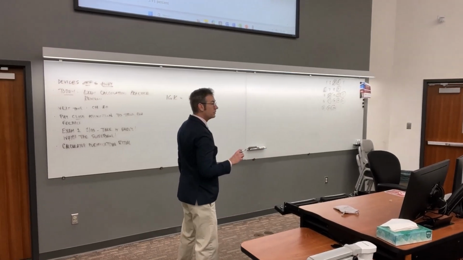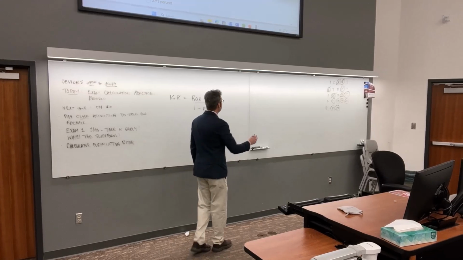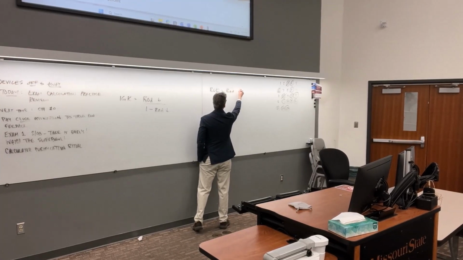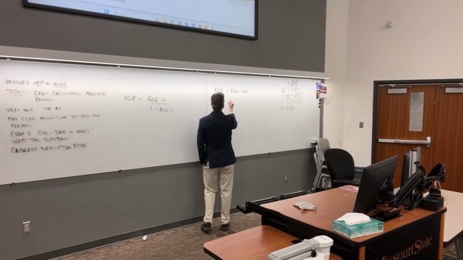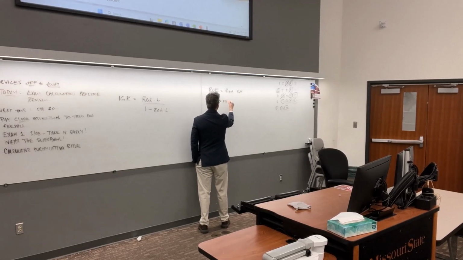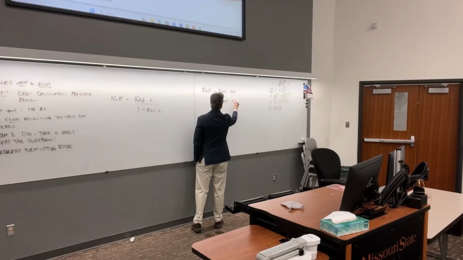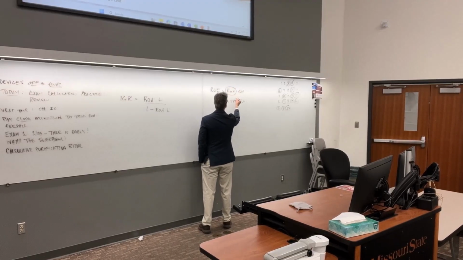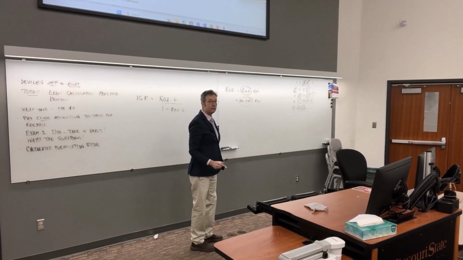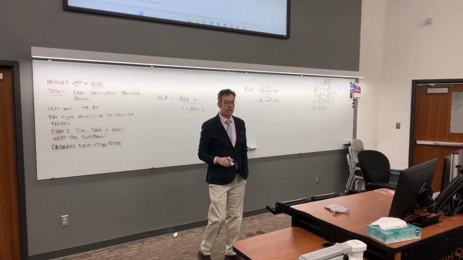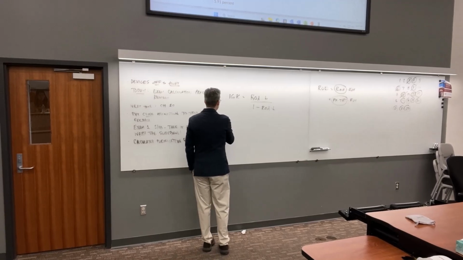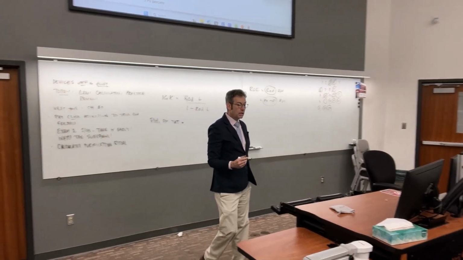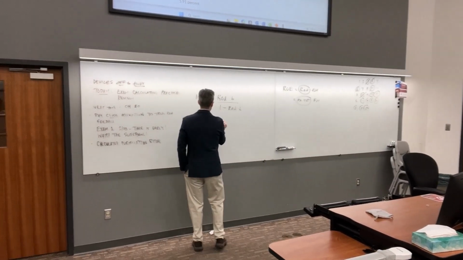Now, someone made a neat observation the last time we were here in class, and they said, wait a minute, if ROE is equal to ROA times the equity multiplier, and we know that it's also equal to profit margin times total asset turnover times the equity multiplier, does that mean that ROA is also profit margin times total asset turnover? And the answer is absolutely it is.